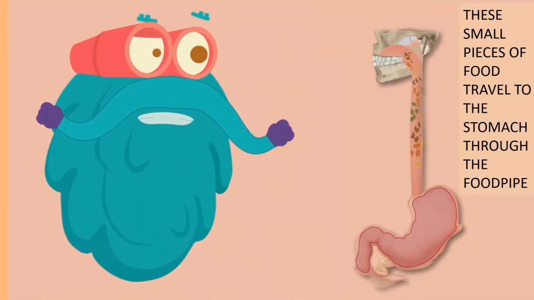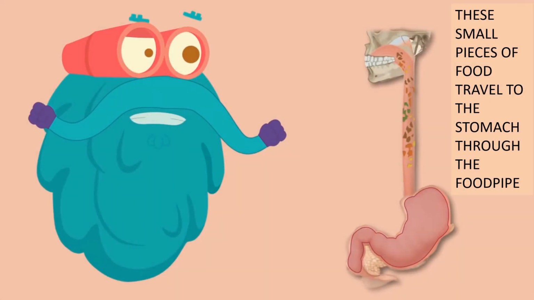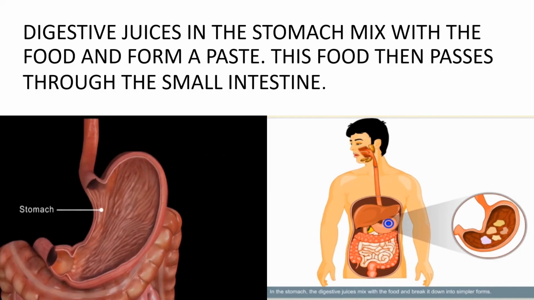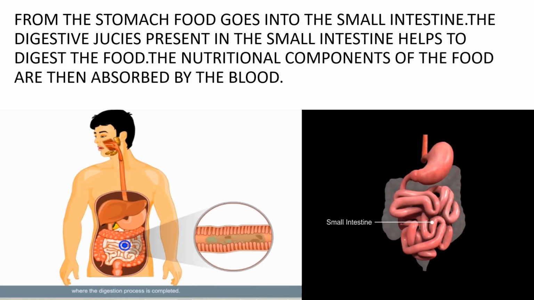In the stomach, many digestive juices get mixed with the food and form a paste. This food then passes through the small intestine, where it is digested completely. The useful substances from the digested food are absorbed into the blood, which distributes them to all the parts of the body.